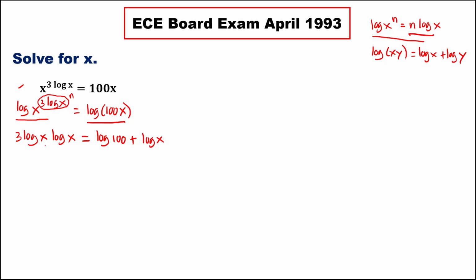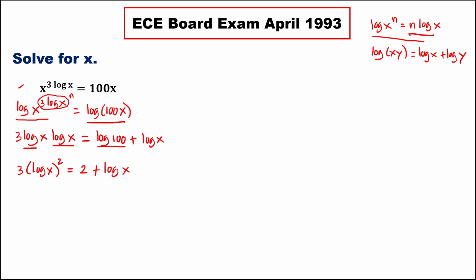Then to simplify, log x times log x becomes 3 times log x to the power 2, equals log 100, which is equal to 2, plus the log x.